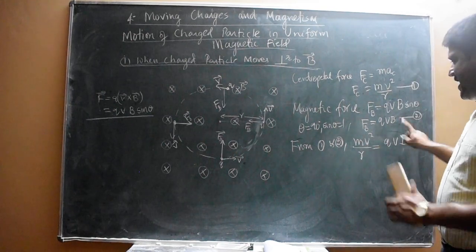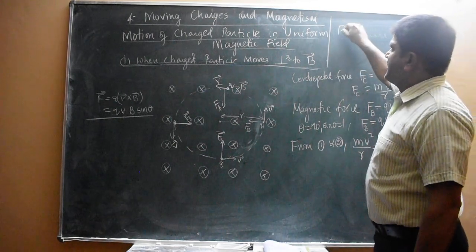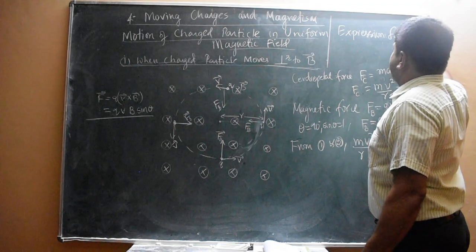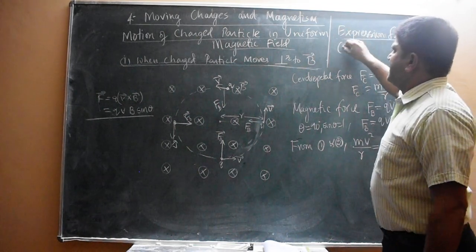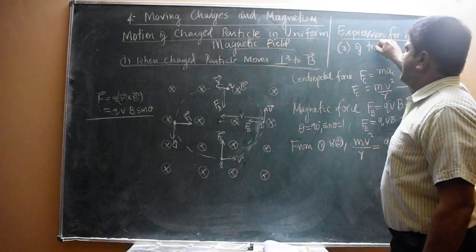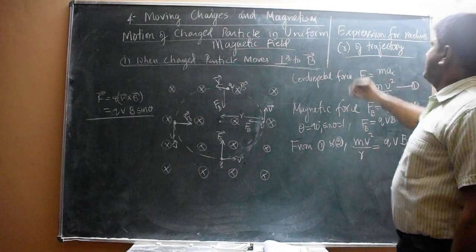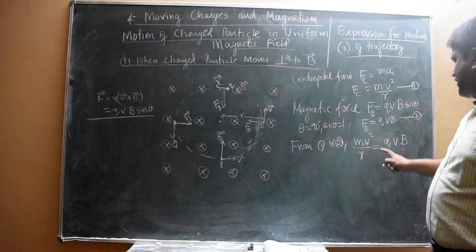Now we have to rearrange to get the expression for the radius of the trajectory of the charged particle. So we have to simplify.